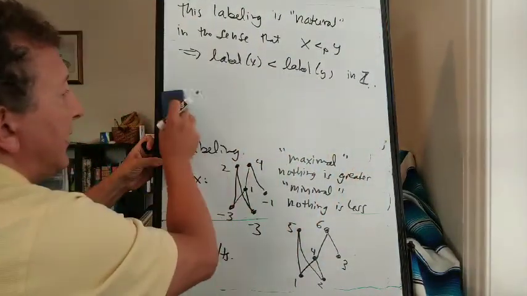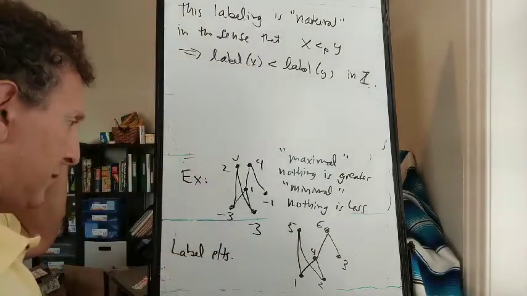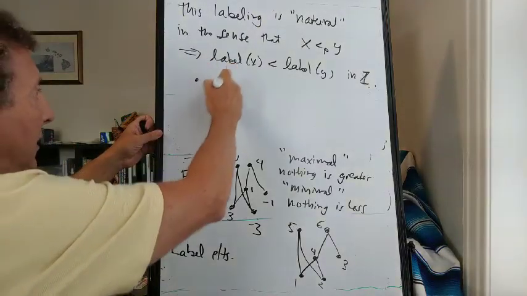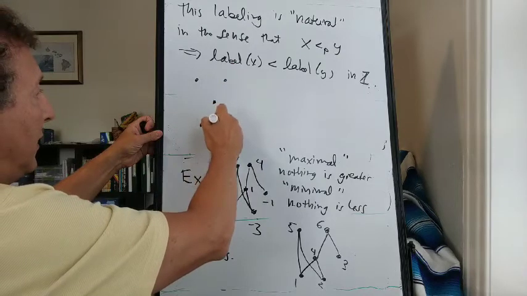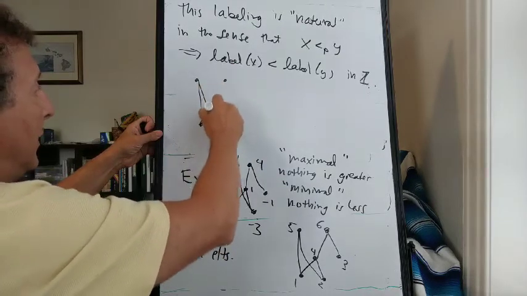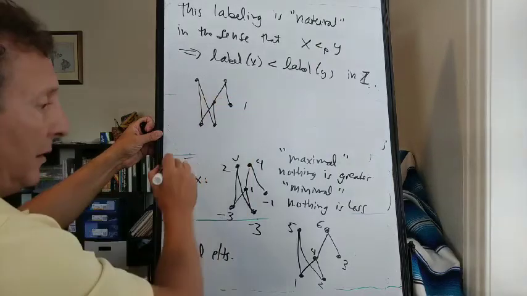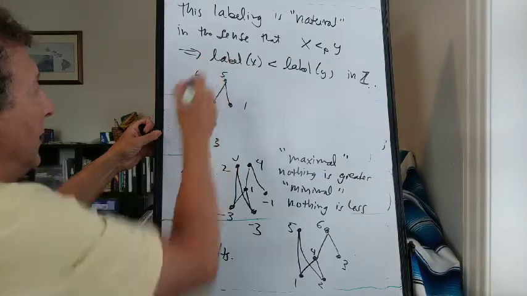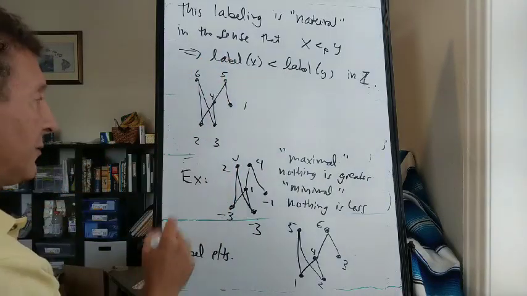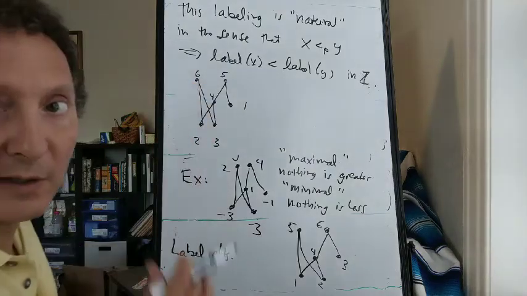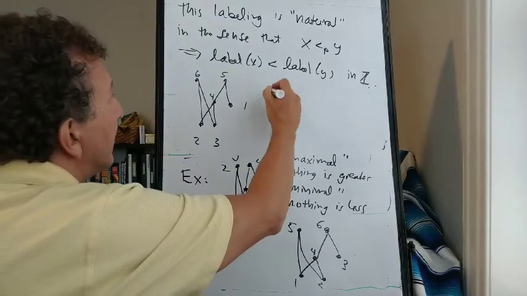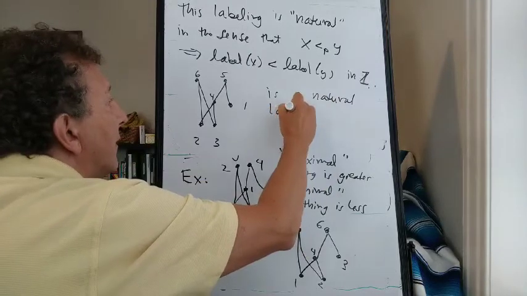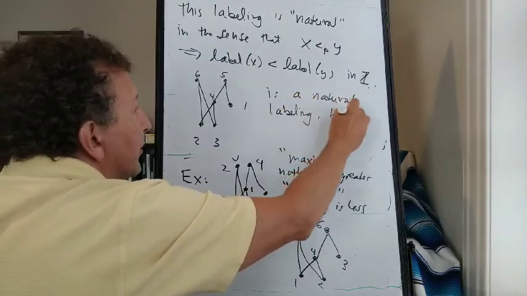But that doesn't mean that every natural labeling respects altitude. So here's another natural labeling, because every time we have one element less than another, its label is less than the other. But this one does not respect altitude.